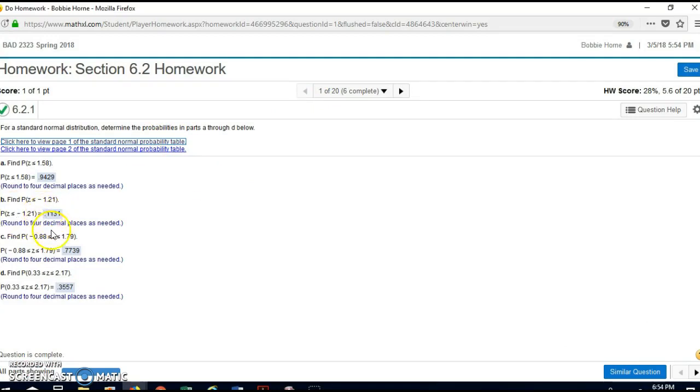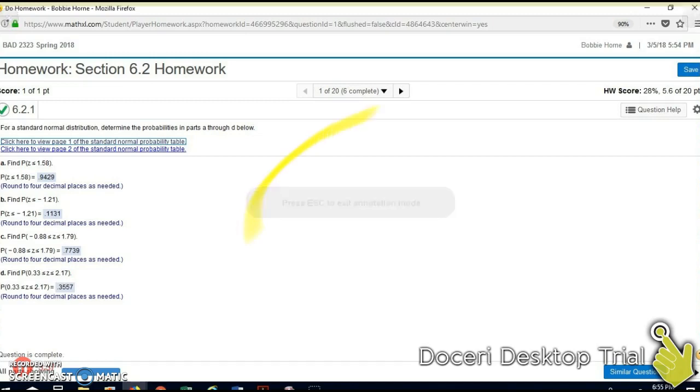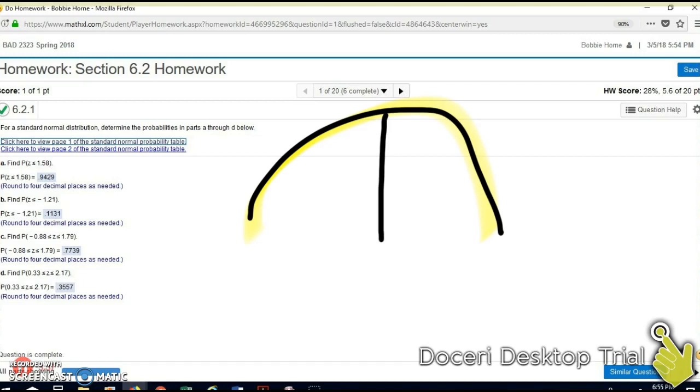Okay, let's look at the next one. This time we want the probability of z being between negative 0.88 and 1.79. So here's the mean. Let's say negative 0.88 is about over here, and 1.79 is somewhere over here.